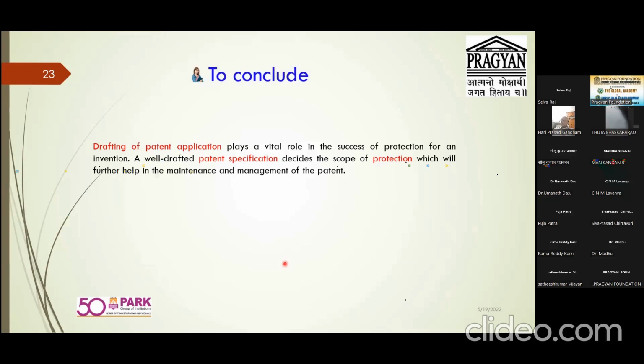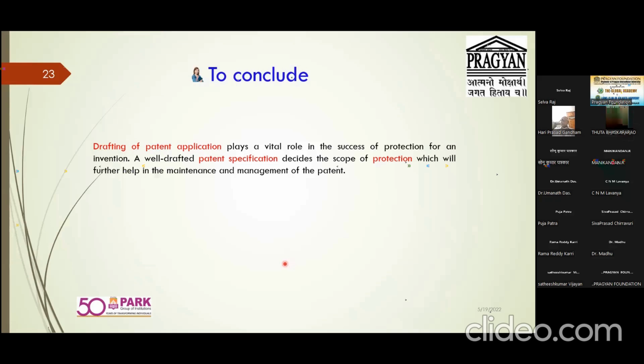Okay, so my suggestion is that once you start thinking about a particular thing, you take a paper and write about your invention, write about your thinking. Keep aside your queries about whether it will be patentable or not patentable. Risk comes, but don't bother about that.